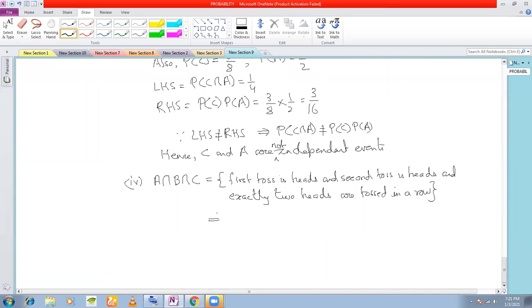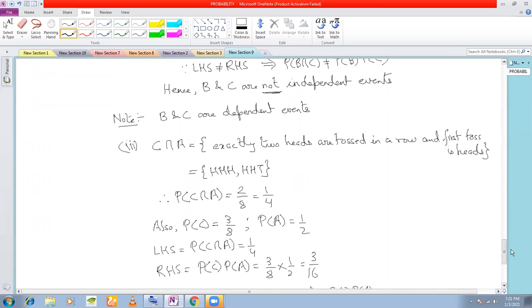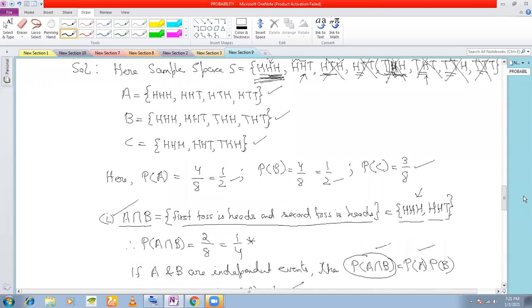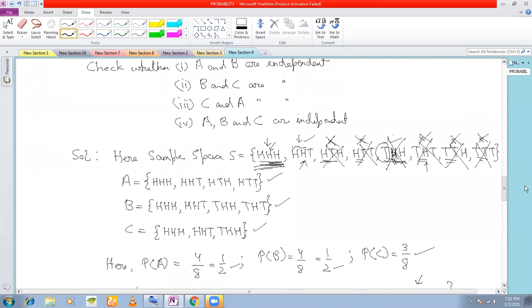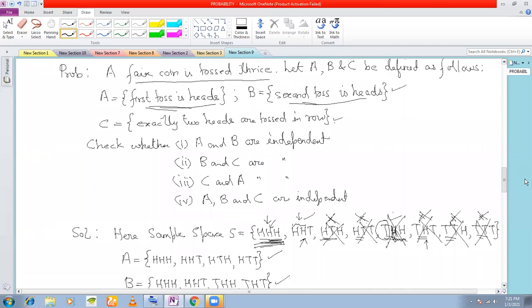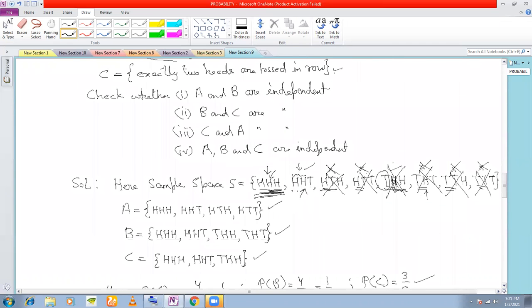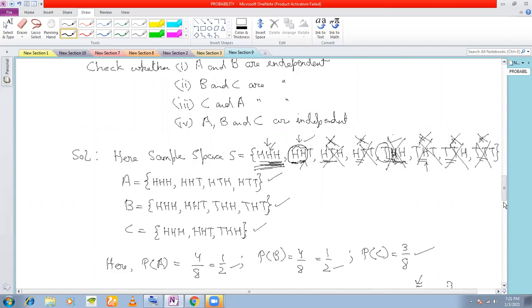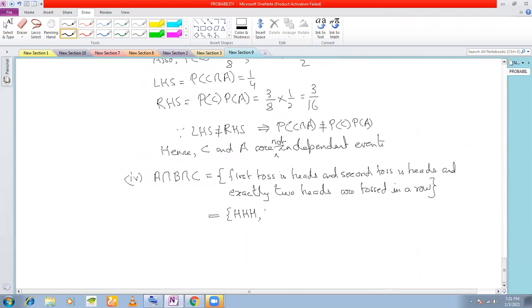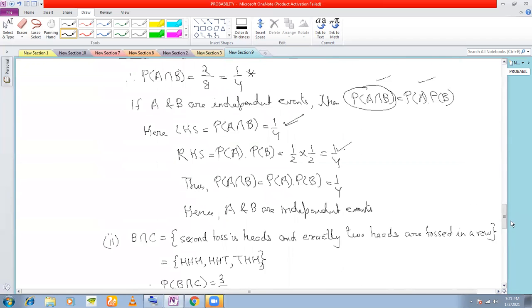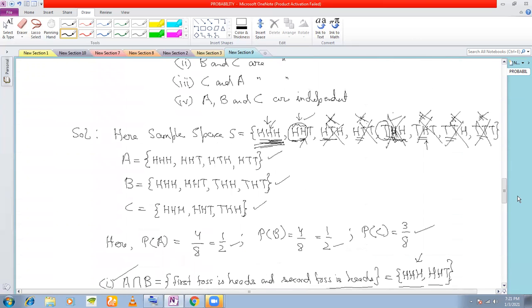Next, first toss is heads, second toss is heads, and two heads are there also in a row. So HHT also qualifies.